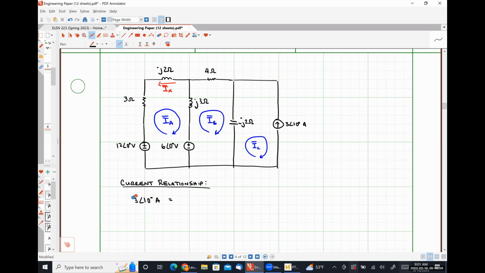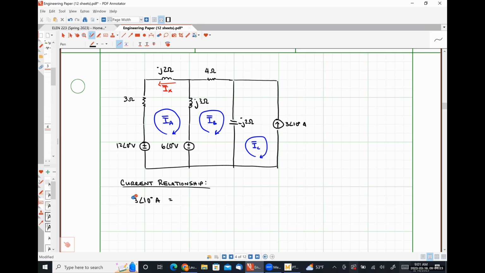Do you guys have any idea what this relationship might be? Which one of these 3 mesh currents even flows on the same branch as the current source?